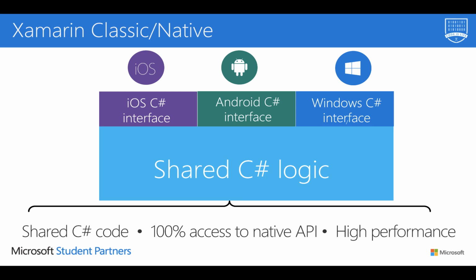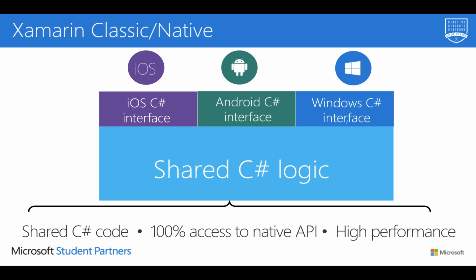So I have a really big question: why should I write it 3 times to use it on 3 different platforms? I can just write one C# class, or let's say one C# library, that you can use in all of these 3 apps. I find this approach really useful.